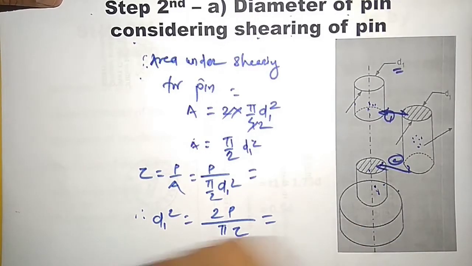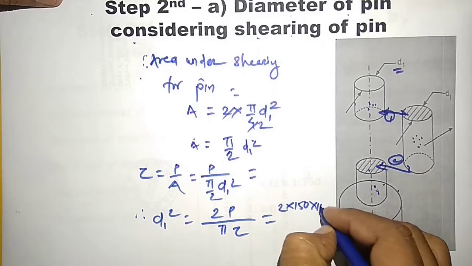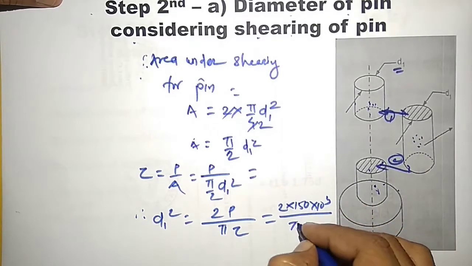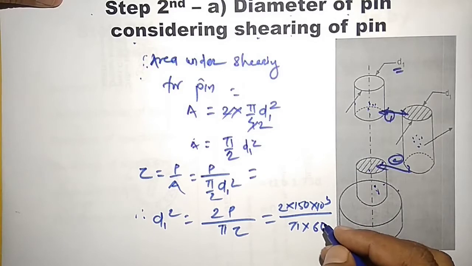Put the values. 2 into 150 into 10 raised to power 3 divided by pi into tau, which is 60.